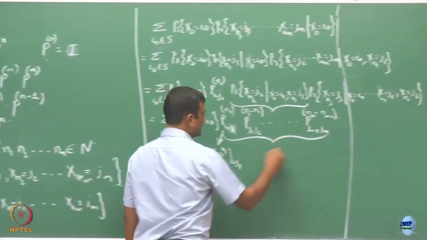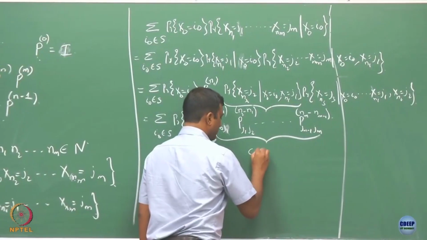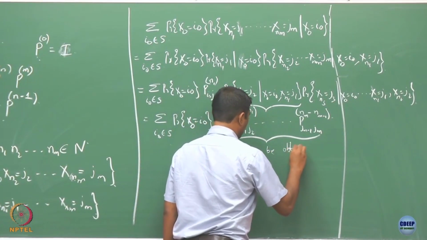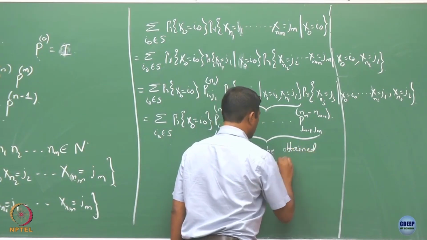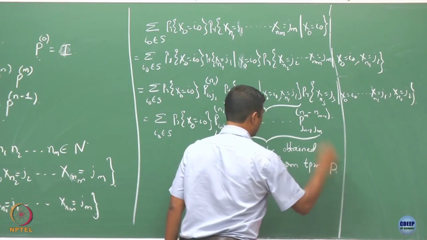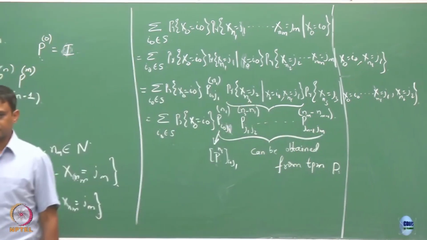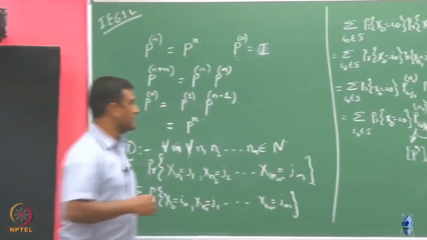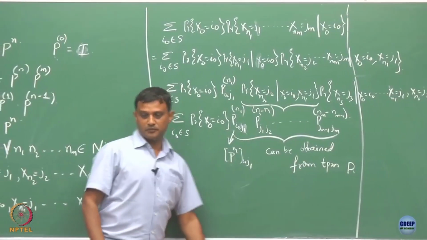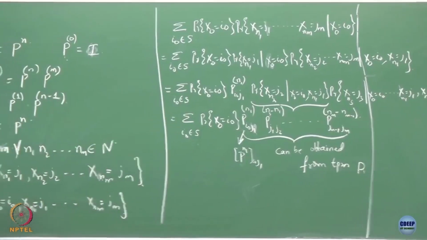So all these things can be obtained from the transition probability matrix P.